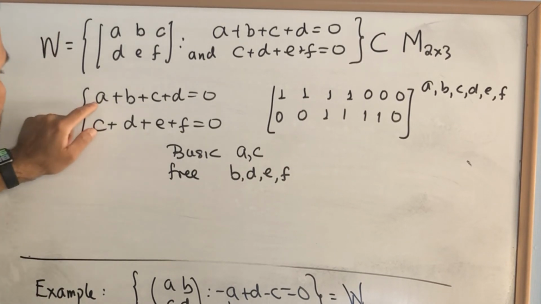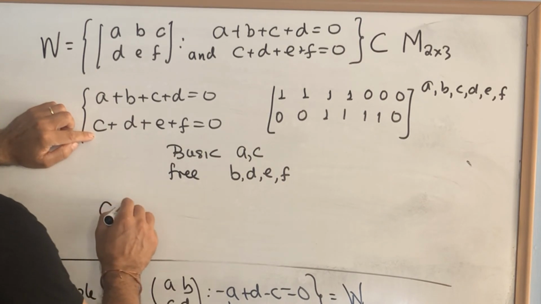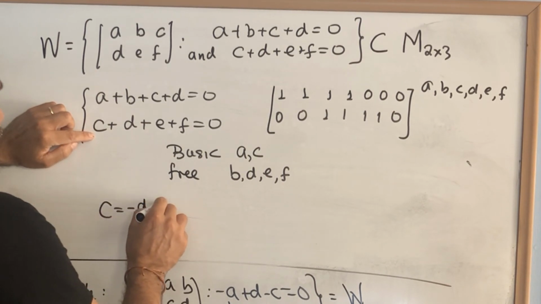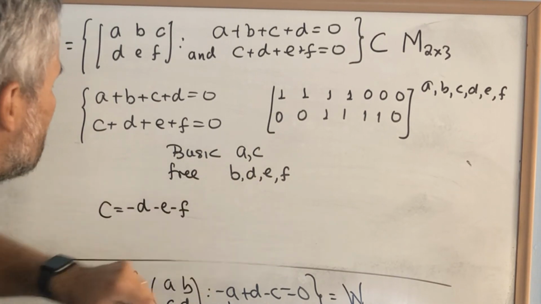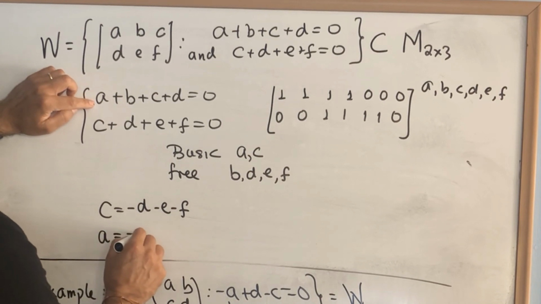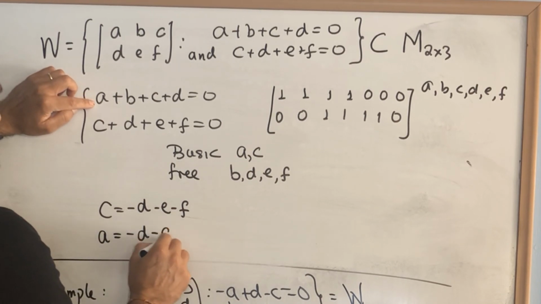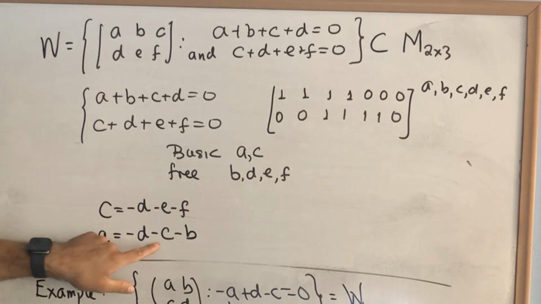Then let's write the basic variables in terms of the free variables. Starting from this one, we have that C is equal to negative D minus E minus F. Are these free variables? Yes, they are. And from here we have that A is negative D minus C minus B. Are these free variables?